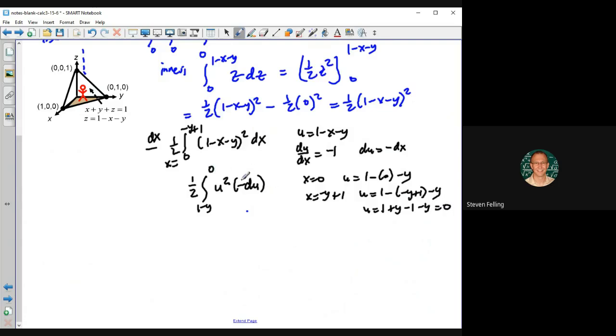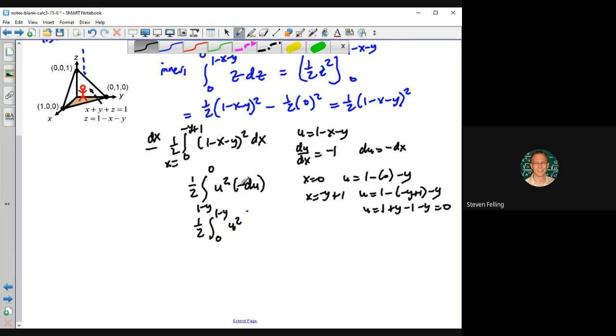And then if I wanted to, I could pull this negative out and swap the order to get this in a more standard form. You don't have to do that. You could retain the negative. Now, if I'm actually reversing these, then I'm going to eliminate that negative, because if you swap the order of integration, normally it's the integral b minus a, it would be the negative of a minus b.